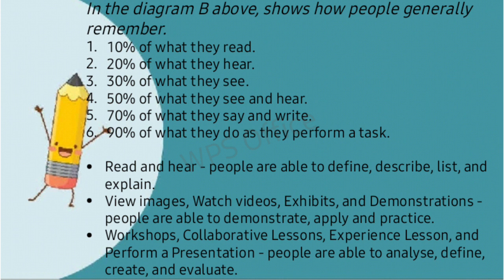In read and hear, people are able to define, describe, list, and explain. While in viewing images, watching videos, exhibits, and demonstrations, people are able to demonstrate, apply, and practice. And in workshops, collaborative lessons, experiential lessons, and performing a presentation, people are able to analyze, define, create, and evaluate.